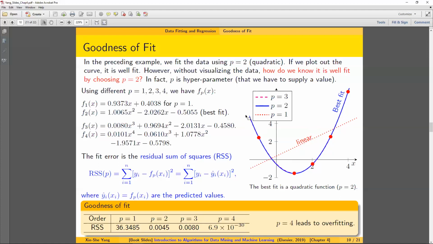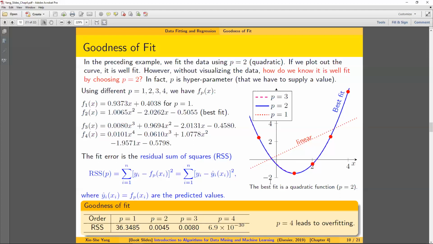When p is 3, which is also a red dotted line, it is hard to see, but indeed it's there. On this side it is harder to see, but here you see the difference. Of course, we also have p equal to 4, which is not plotted in this particular graph.